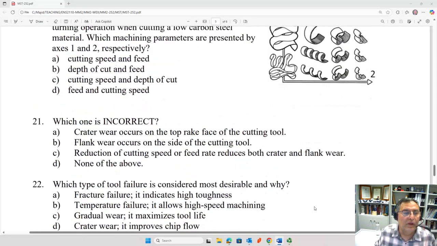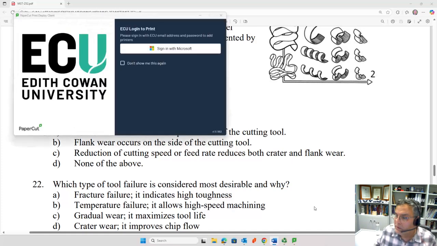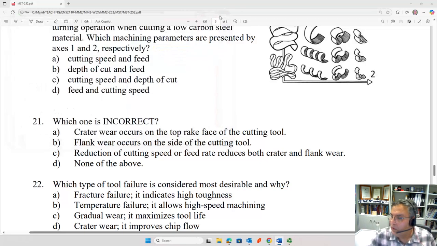Question 21. Which one is incorrect? A, crater wear occurs on the top rake face of the cutting tool. This is correct. B, flank wear occurs on the side of the cutting tool. This is correct. C, reduction of cutting speed or feed rate reduces both crater and flank wear.